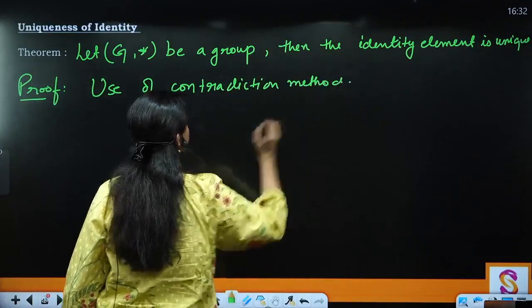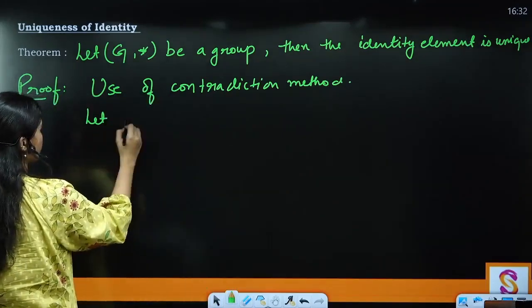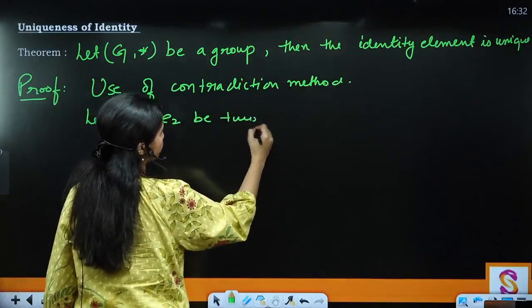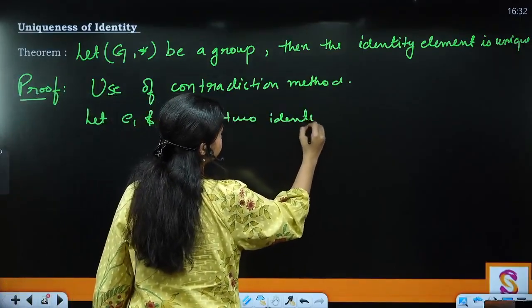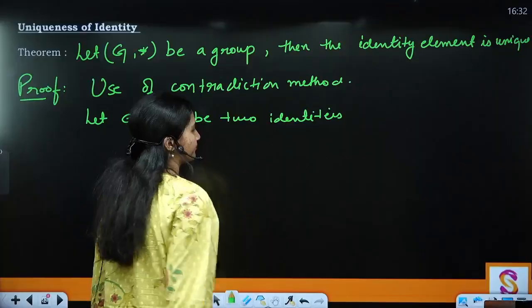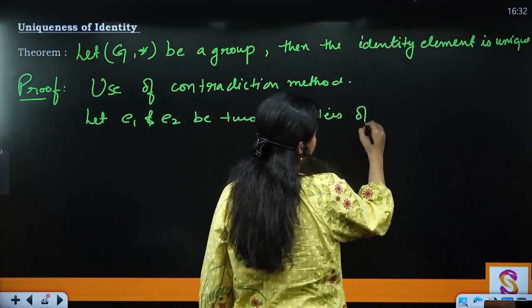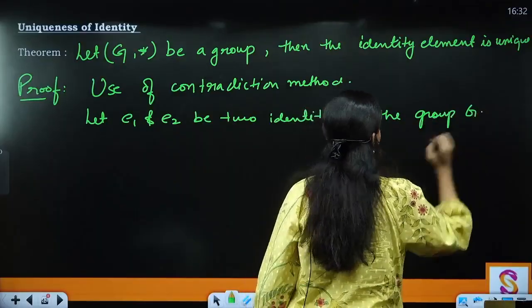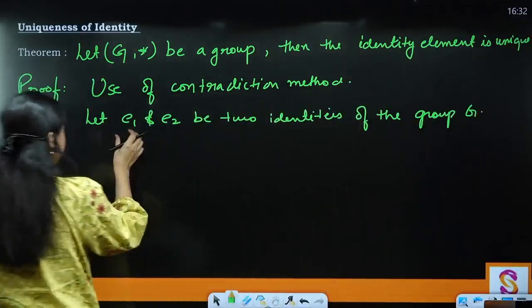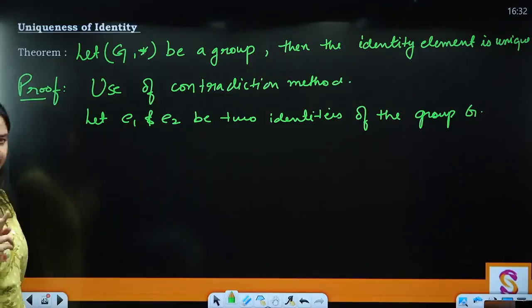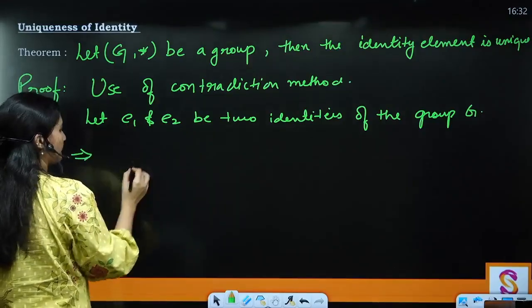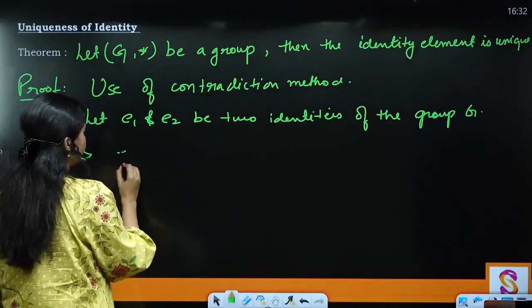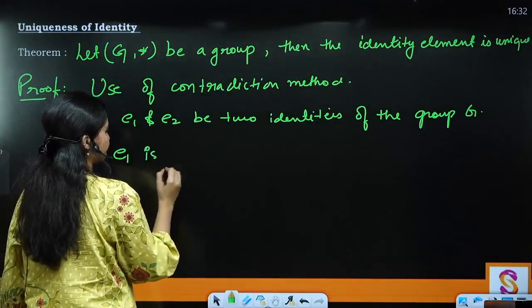So let e1 and e2 be two identities of the group. If e1 and e2 both are identities, let us consider e1 as the identity first.